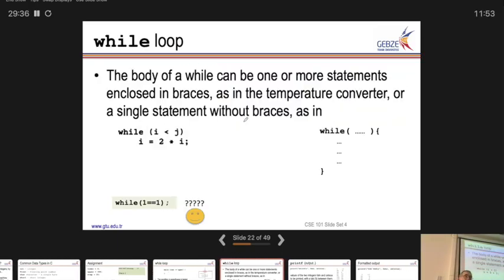While i is less than j, i is equal to 2 times i. Increment the i. Where is the curly brace? It is actually a single line. It's possible, but I don't like it.